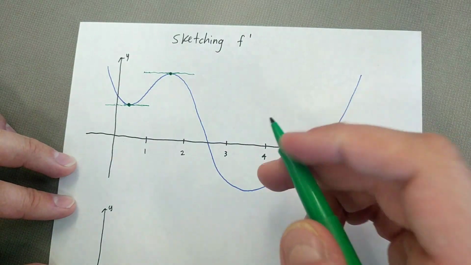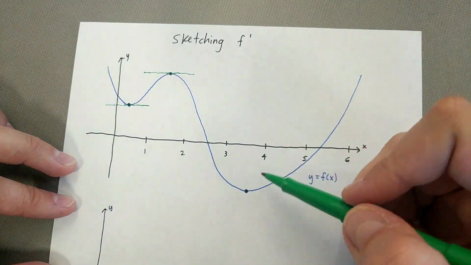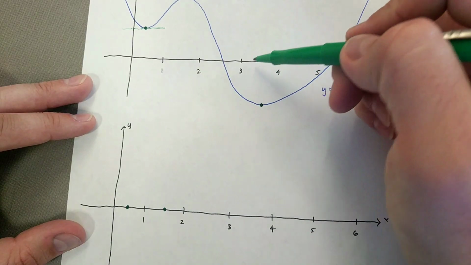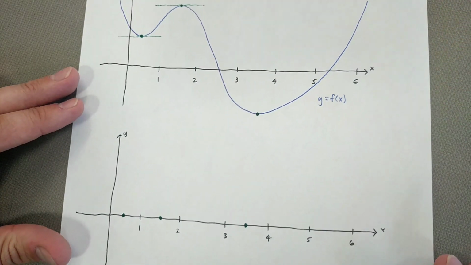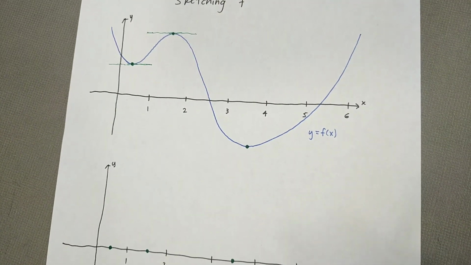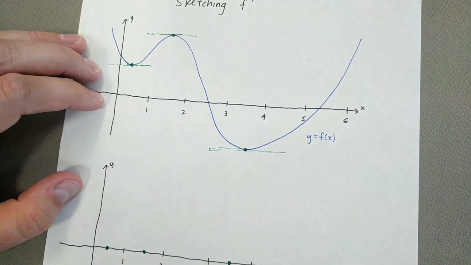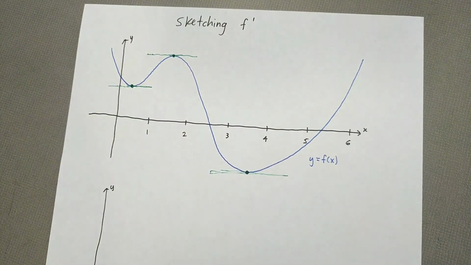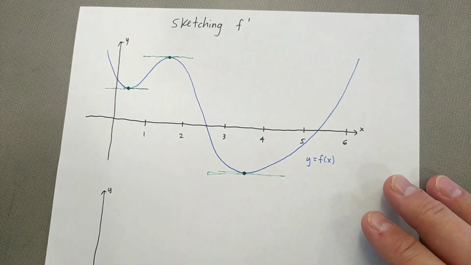Then I keep going and hit the next place, which appears to be at about 3.5. So I'll follow that down and plot that point right there. All right, so there are 3 different places here where the derivative is 0, or the slope of the curve hits 0. So now let's talk about how to go from here.